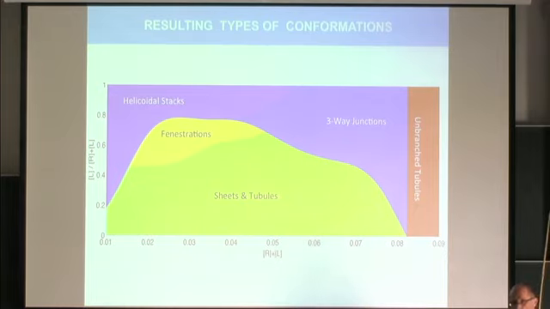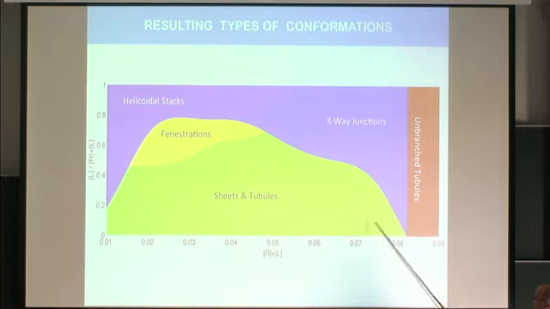If there is an excess of these proteins, we always have tubes for the following reason: there is no area left for sheets or three-way junctions. If the total amount of these proteins goes down, then we can have either three-way junctions, meaning networks of tubes, or networks of sheets and tubes.